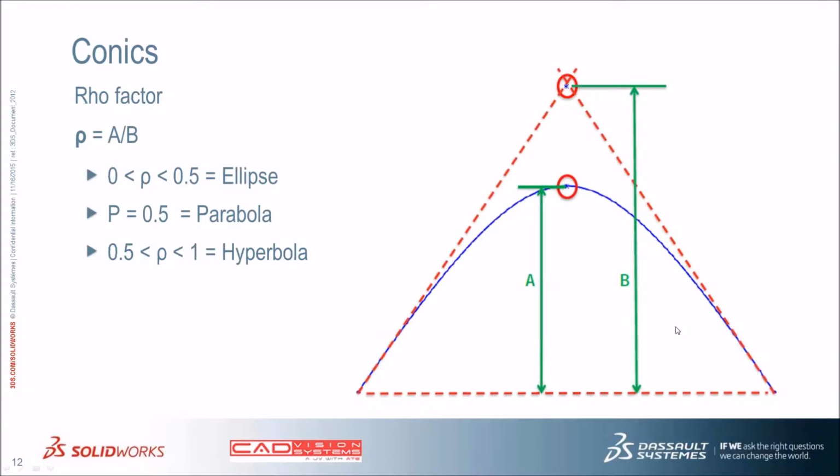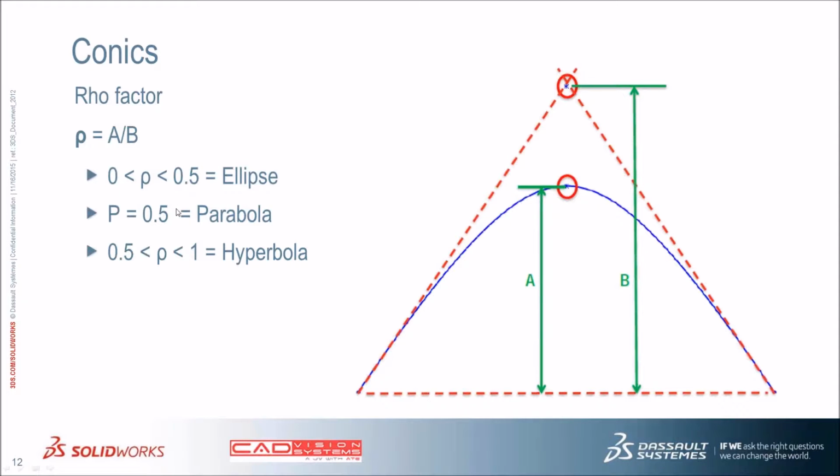Now, with conics, we use a rho factor, which is the total height of the curve, from its apex to the bottom, divided by the total height of the cone, which is a/b. So the result can fall into three ranges.